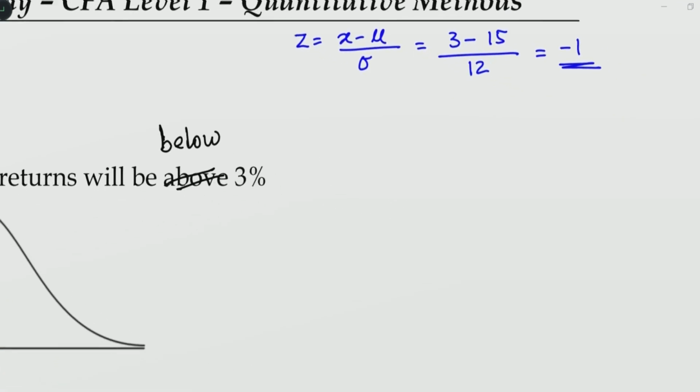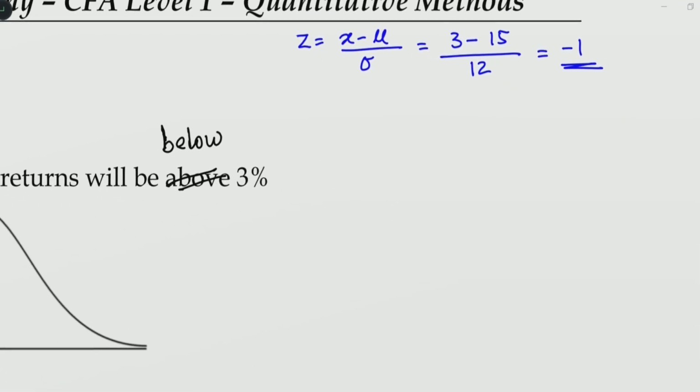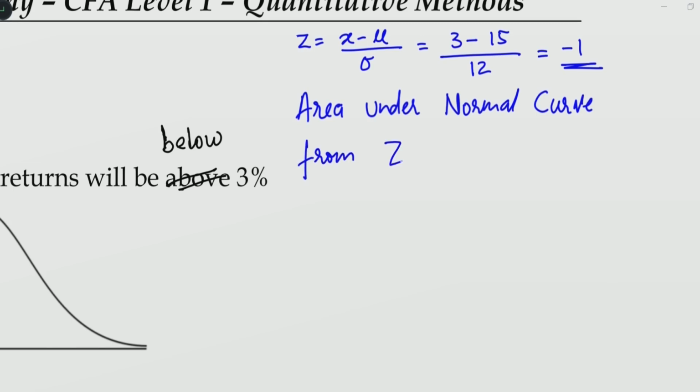So I will write here: area under normal curve from Z equal to 0 to Z equal to 1 is given as. So let us do one thing.